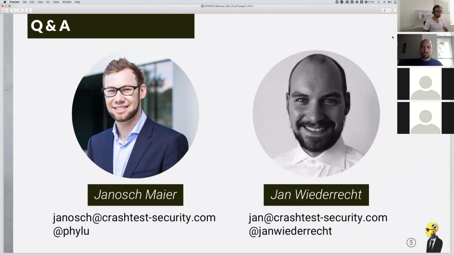So you mean for SQLMap or for our tool for Crashtest Security? For the SQLMap. Okay, so basically SQLMap is an open source tool. So if you go to their website, you'll find a link to the GitHub repository, and if you have any test cases which are not included, you can probably just fork the repository, put it in the code and make a pull request, and then run them.